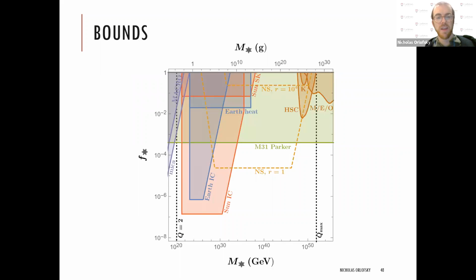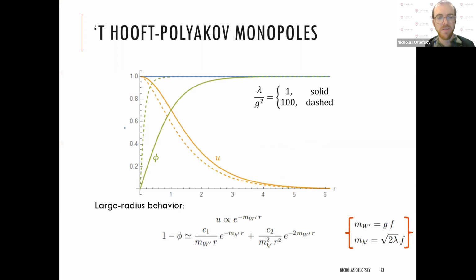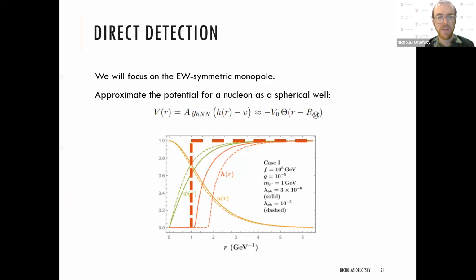But if their mass were allowed to be much smaller than the Planck mass, then you could look for the effects of these coronas directly in a lab. Yeah, as I said, way too many slides here.